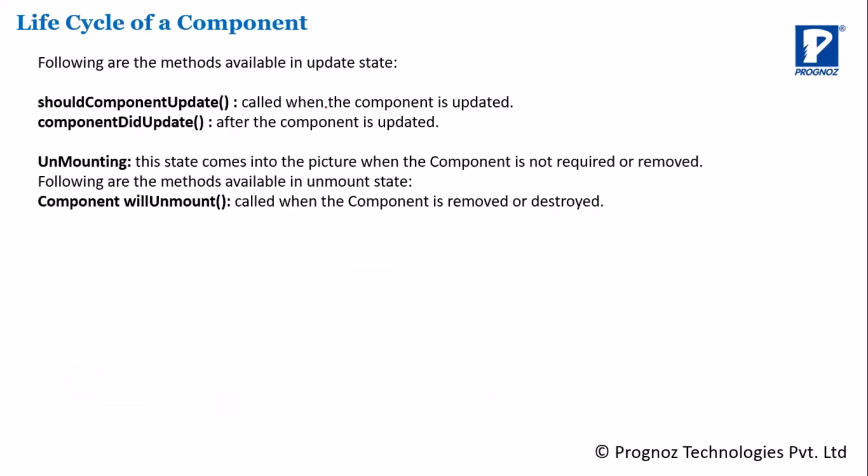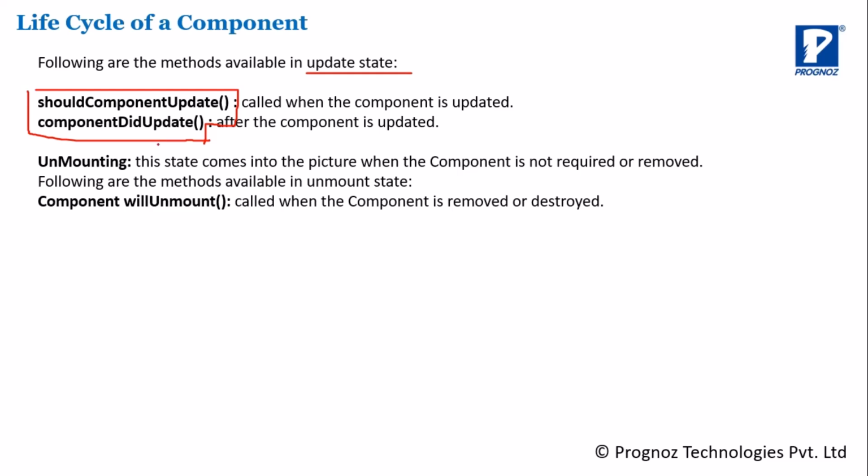And in the update stage, there are two methods that are going to be called. One is the shouldComponentUpdate method. Another is the componentDidUpdate method. So when the component is updated, these methods are going to be called. First it is going to call the shouldComponentUpdate method. But after the update is finished, which method is going to be called? The componentDidUpdate method.